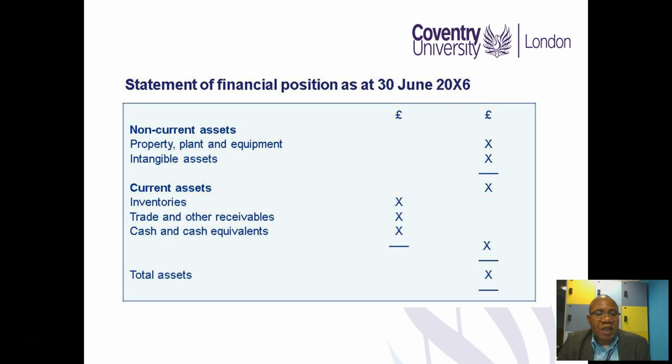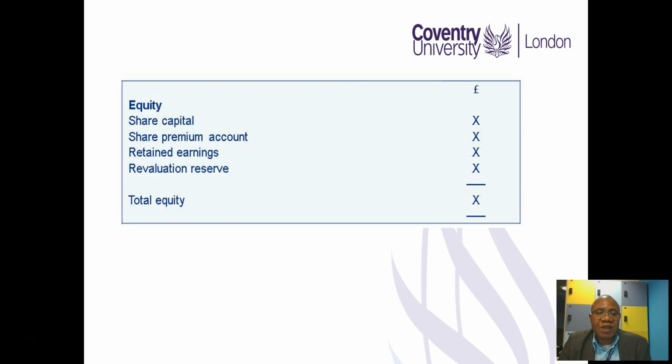As for the total assets, we break this down between non-current assets, which are mainly property, plant, and equipment, investment, and intangible assets. Then you have current assets: inventories, trade and other receivables, cash and cash equivalents. And that will give us total assets, which must be equivalent to total equity and total liabilities.